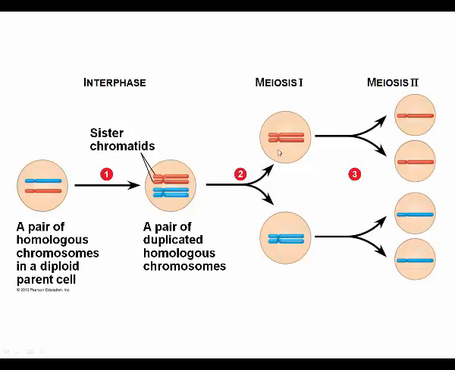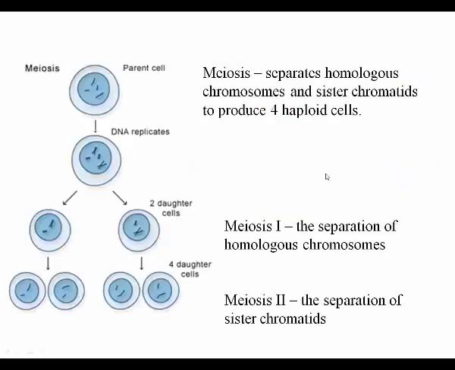Meiosis 1 is going to separate homologous chromosomes from each other, and meiosis 2 will then separate sister chromatids from each other, so that the individual who's going through meiosis to produce gametes will give either the maternal or paternal chromosome that they received from their parents to their own offspring. So meiosis separates homologous chromosomes and sister chromatids to produce 4 haploid cells.